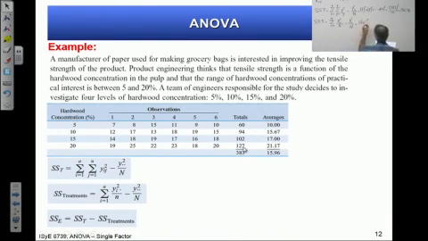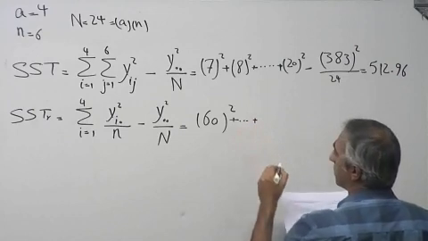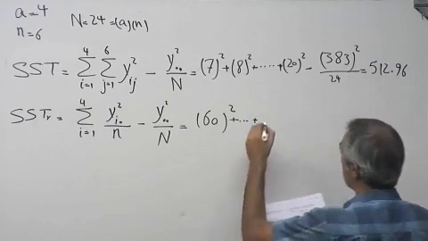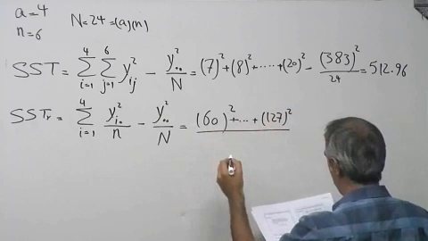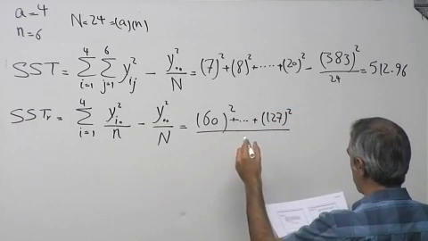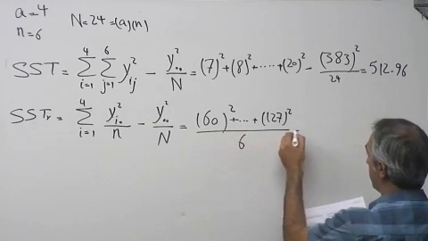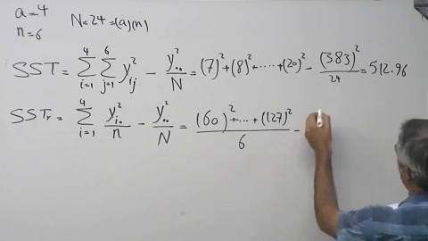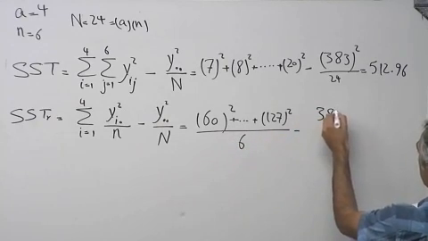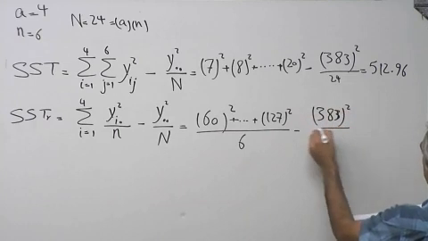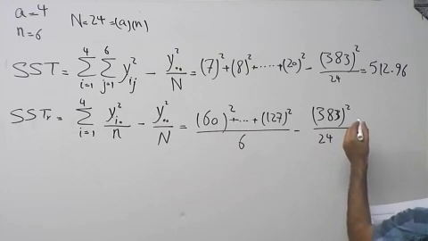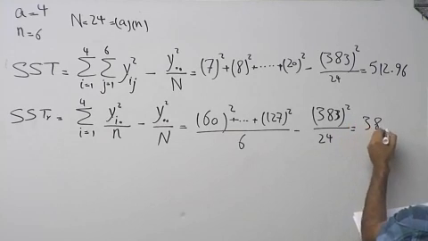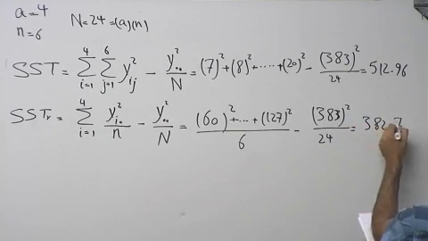So 60 squared until 127 squared, divided by 6, which is n, minus 383 squared divided by capital N, 24. That gives 382.79.